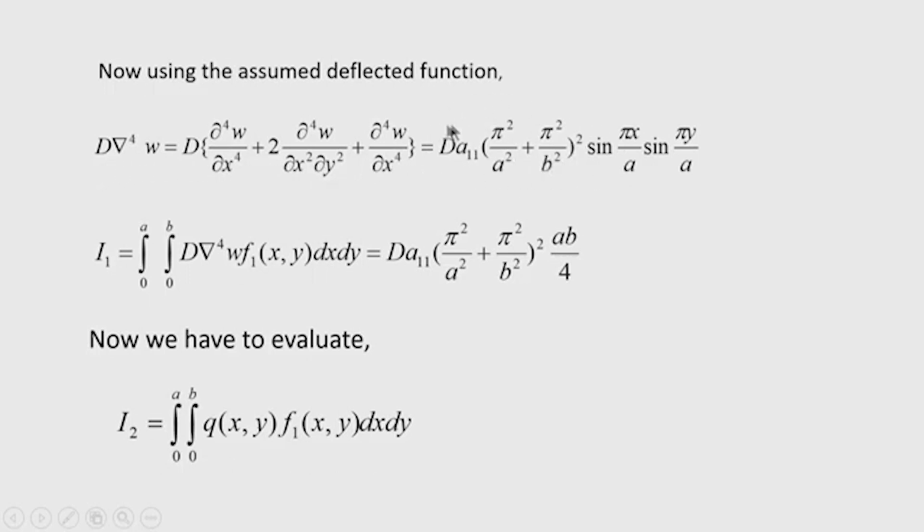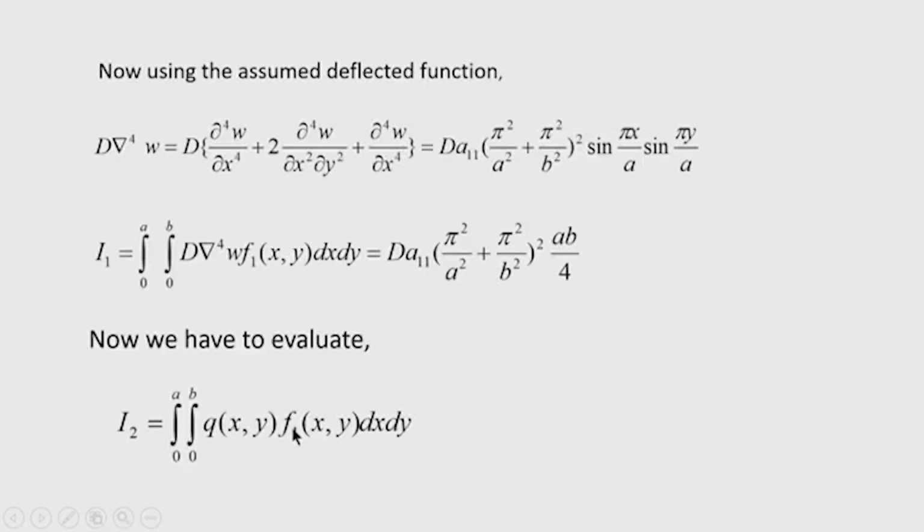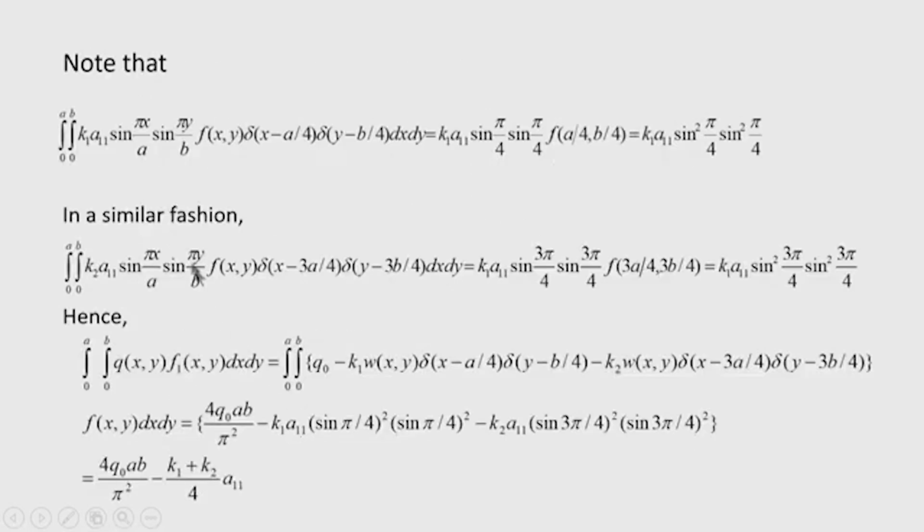This is the standard expression that we know. The second integral now has to be evaluated with the help of the Dirac delta function. The evaluation will be very simplified. With the help of the Dirac delta function, you can see the integration is carried out very conveniently, and it is k 1 a 1 1 sin pi by 4 sin pi by 4, because x, y has to be substituted as a by 4.